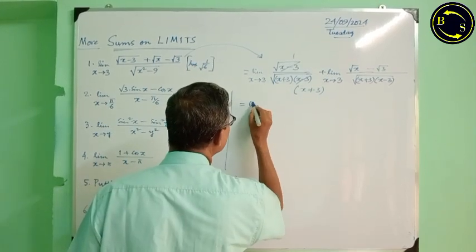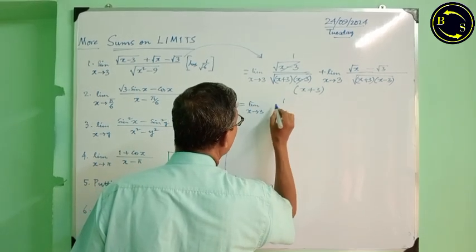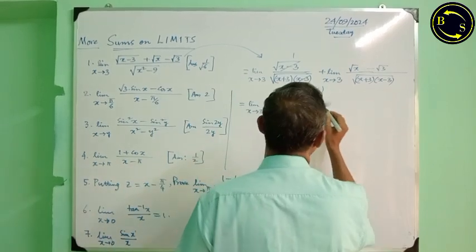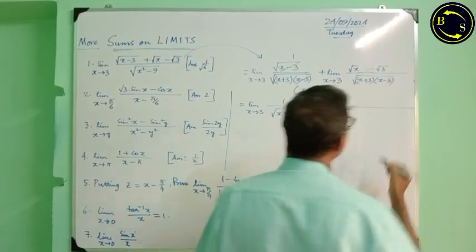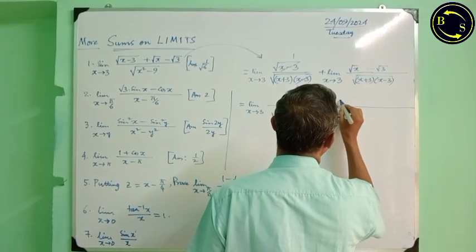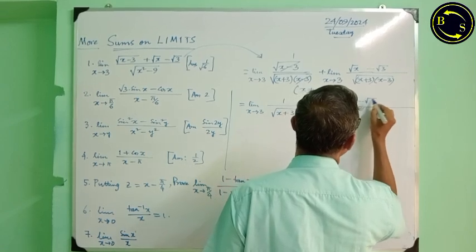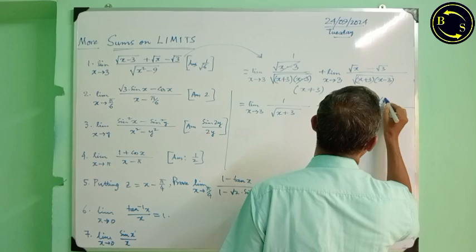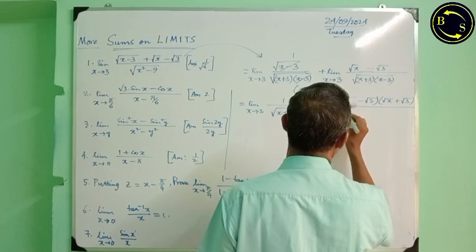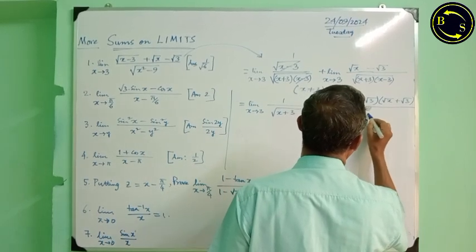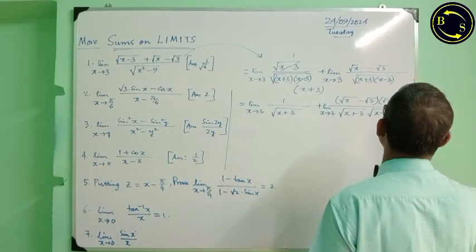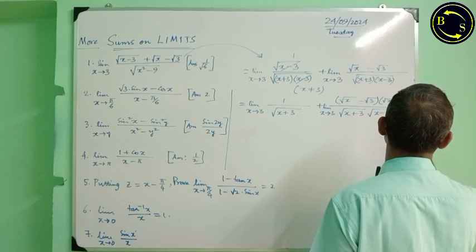Therefore, we get limit x tends to 3, 1 by root over x plus 3 plus, now we have to rationalize here, limit x tends to 3, root x minus root 3 into root x plus root 3 into root x plus root 3.